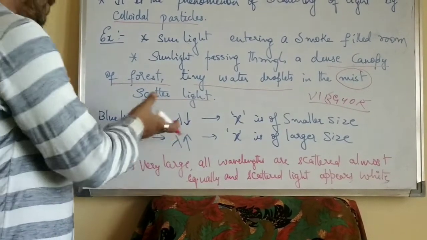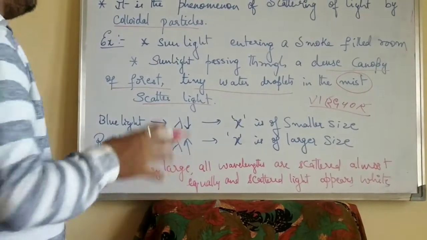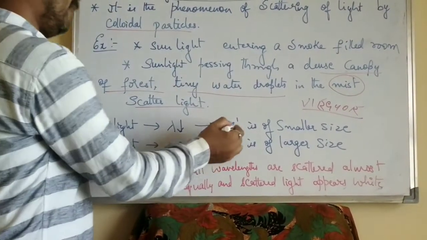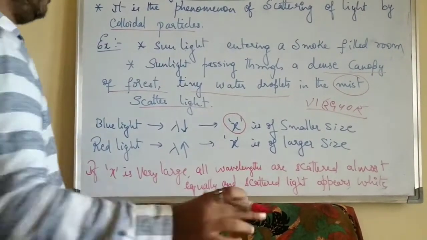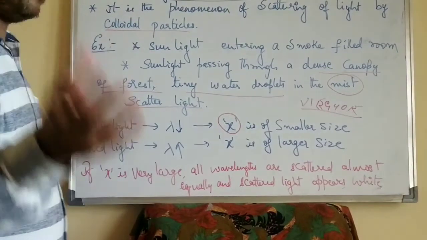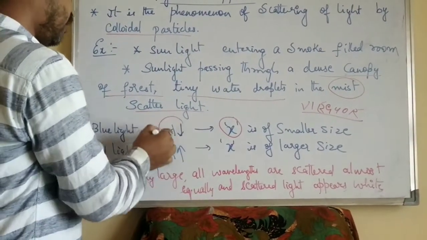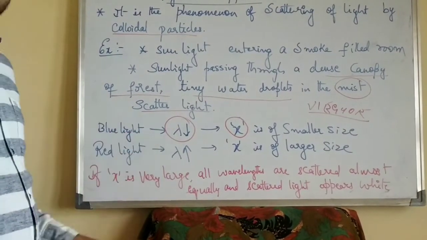Whichever light has the lesser wavelength, for that light to be scattered, the size of the scatterers or the size of the particle should be smaller. Remember, blue light has the lesser wavelength.